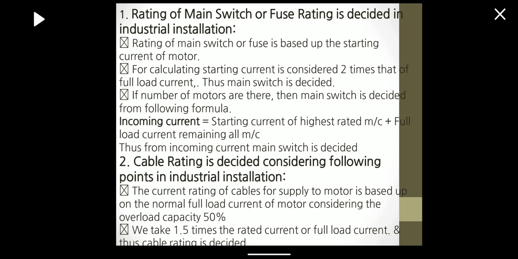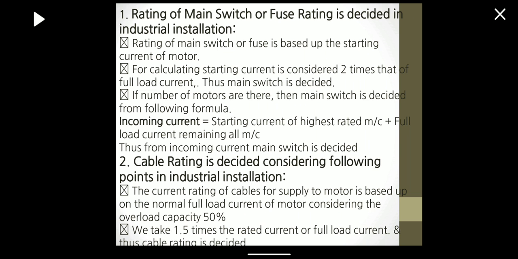Next is how the rating of the main switch or fuse is decided in industrial installation. The rating of the main switch or fuse is based on the starting current of the motor. For calculating the starting current, consider 2 times the full load current.